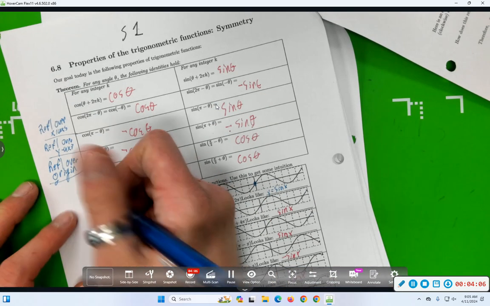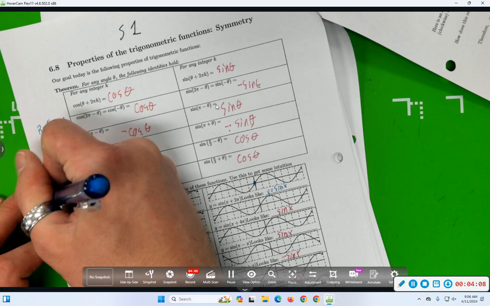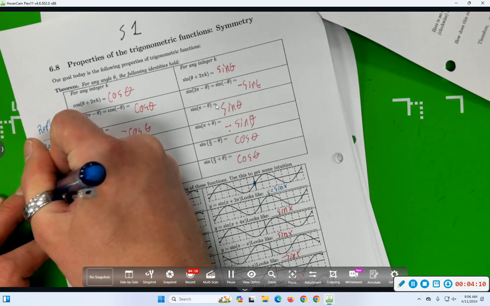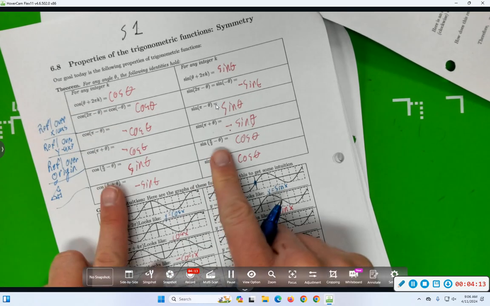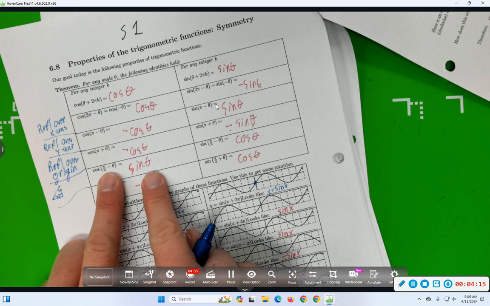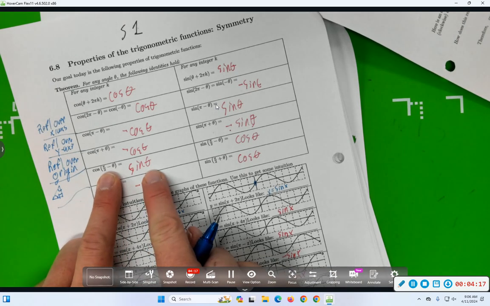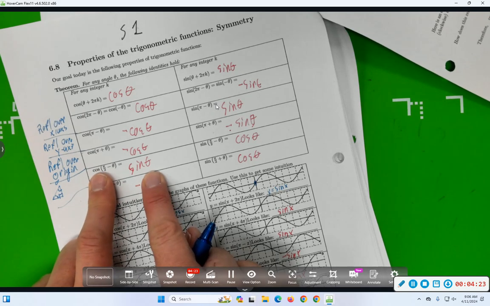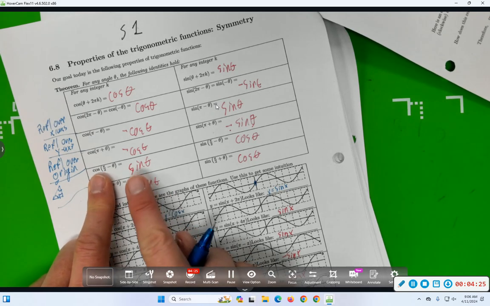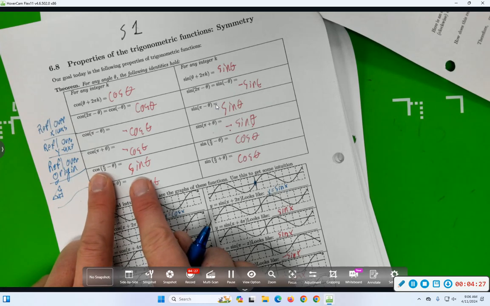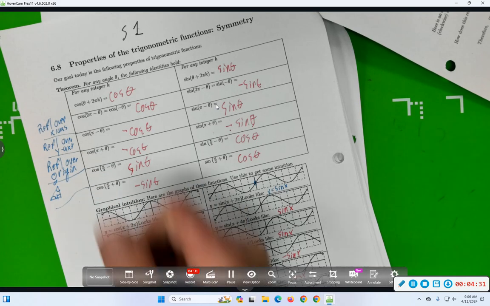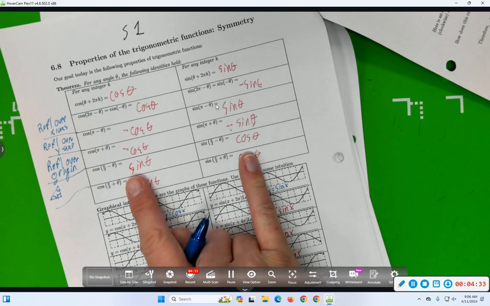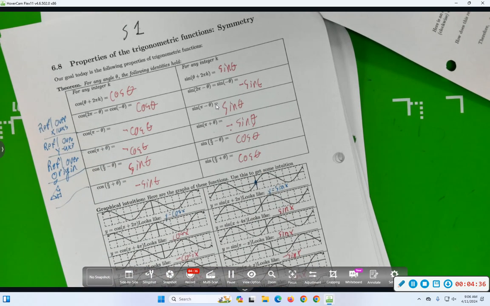And we did this last one, I'm going to give myself space, by thinking about right triangles. Theta and pi over 2 minus theta are two opposite angles you would see in a right triangle. So you can use SOHCAHTOA to say, well, cosine is adjacent over hypotenuse. That'll be opposite over hypotenuse for the opposite angle. So sine and cosine will swap. On the other hand, let's see those values and think about what that means.